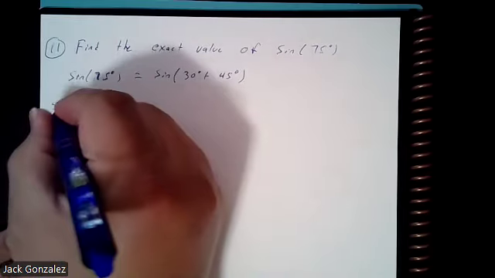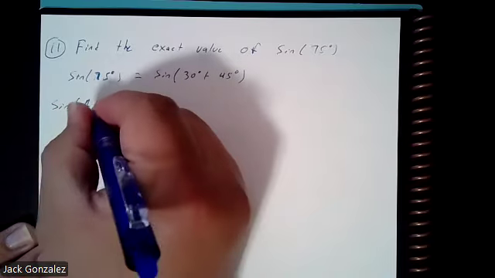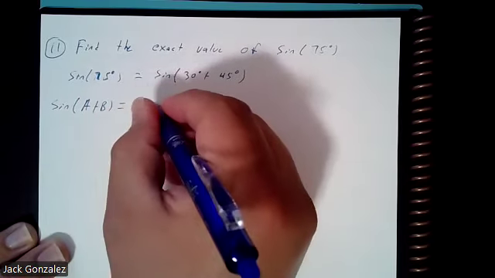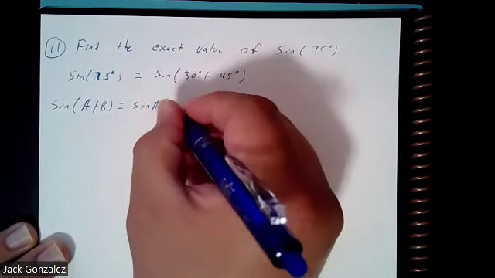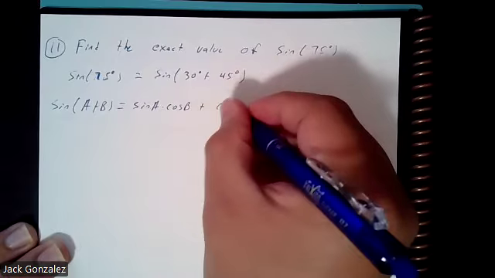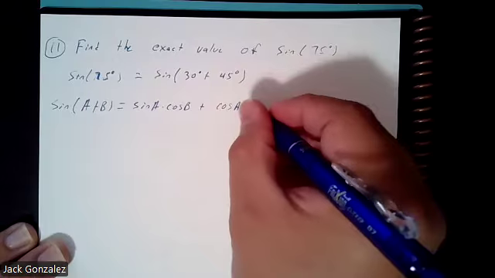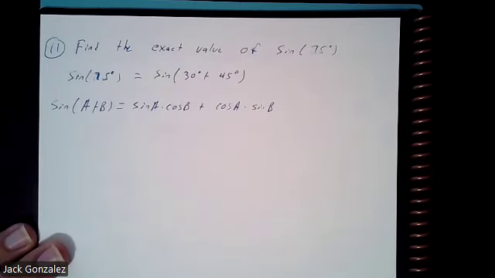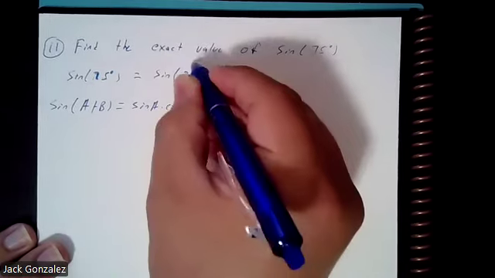Just remember, we can use this formula: sine A times cosine B plus cosine A times sine B. So this is my A and B.